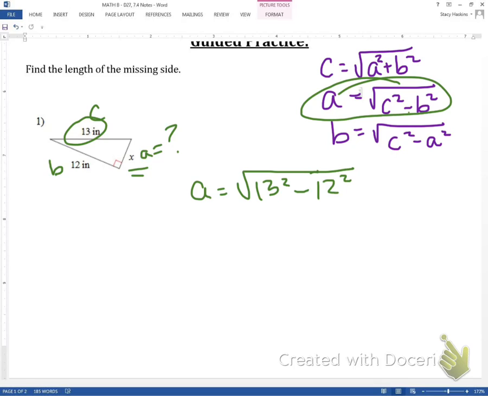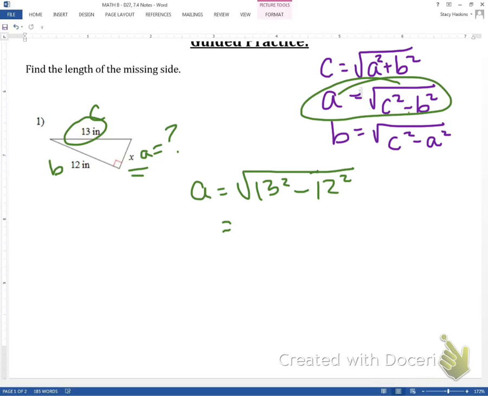Now this is where you definitely want to get out a calculator. I don't expect you to do 13 times 13. Some of you might know it off the top of your head. I don't. But I'll go ahead and use a calculator at this point. So after you've plugged in all your variables on that side of the equation, now we just need to evaluate it. Get it down to that single digit.